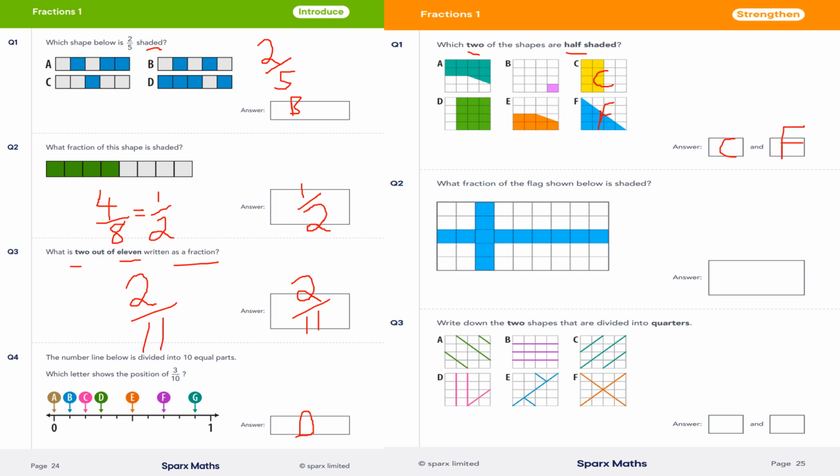This next part, what fraction of the flag below is shaded? So we've got 1, 2, 3, 4, 5, 6, 7, 8, 9, 10, 11, 12, 13. We've got 13, and then it's out of what? 1, 2, 3, 4, 5, 6, 7, 8, 9. So it's 9 by 5.